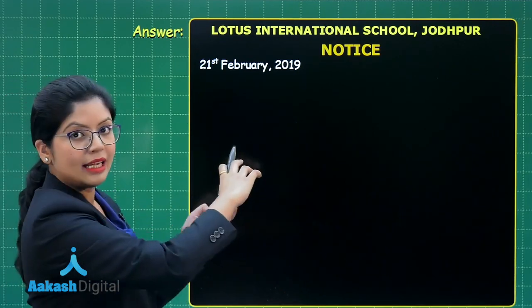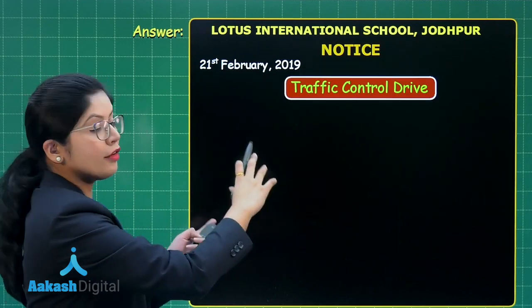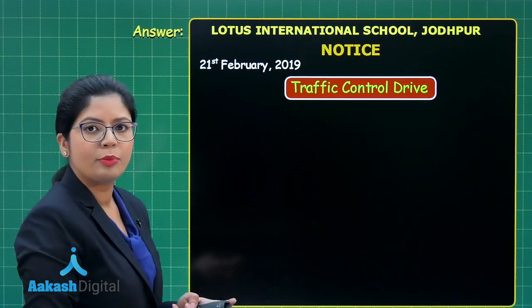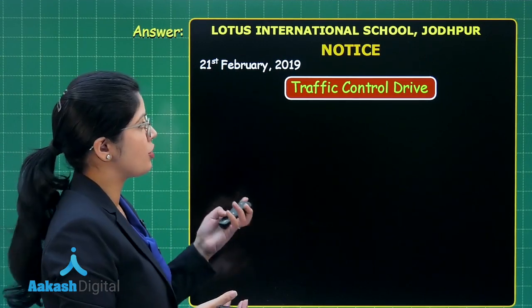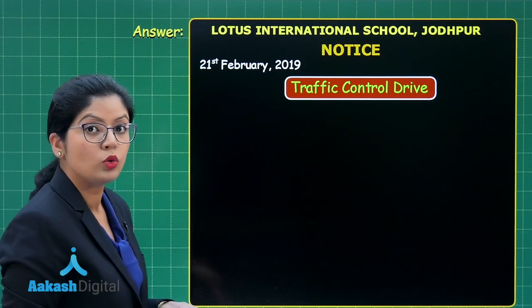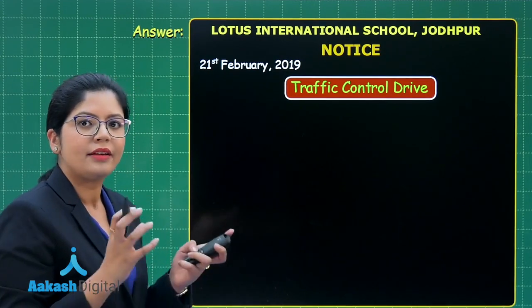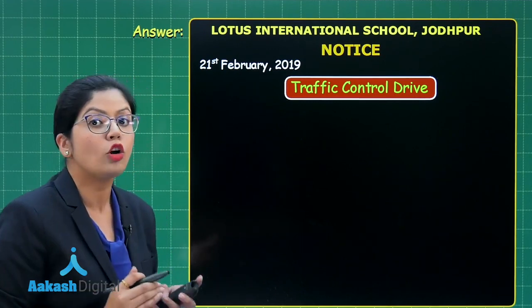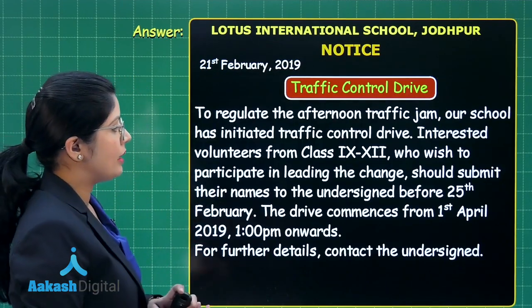Once I have these 3 elements, I give my heading to the notice. Here we have taken a simple illustrative heading, traffic control drive. Since this is a drive initiated by school, now I can easily write my notice in 50 words, keeping in mind the content areas. Look at the response.